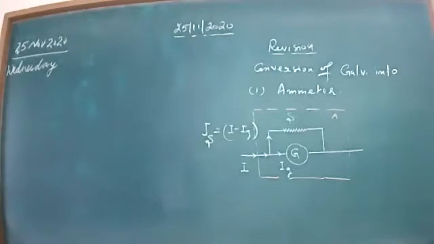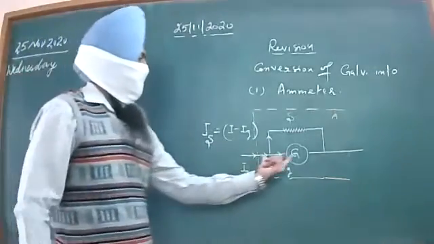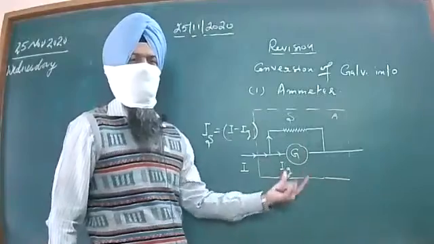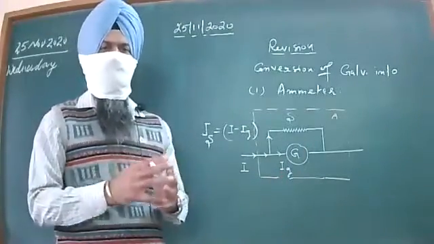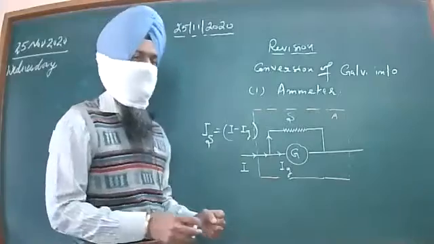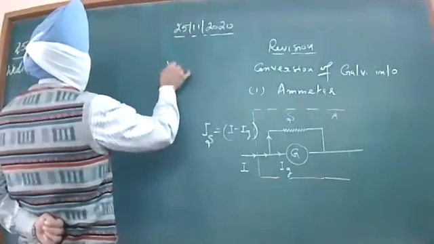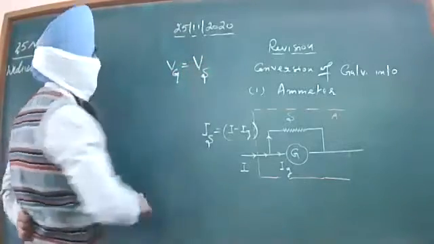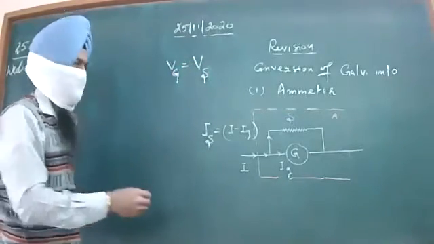Now dear children, when you are using this setup, these are actually two resistors. Because these are connected in parallel to each other, the voltage across the two will remain the same, and voltage is nothing but I into R. Voltage across the galvanometer is equal to the voltage across the shunt, just because they are parallel to each other.